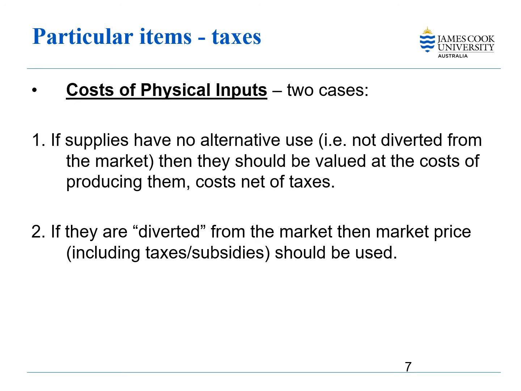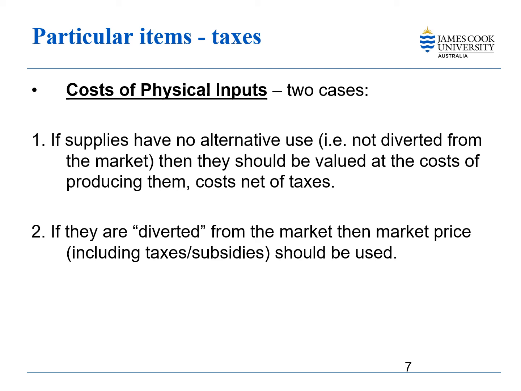Okay, costs can include physical inputs. If supplies have no alternative use, that is, they are not diverted from the market, then they should be valued at the cost of producing them, net of taxes. Let's say I want to build a bridge on Ross River.